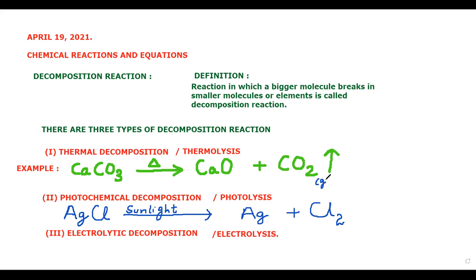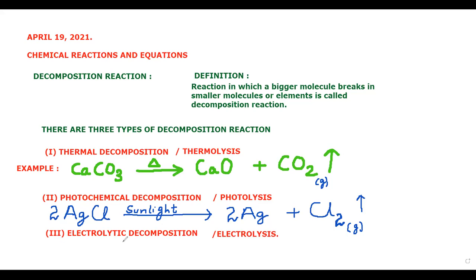This is also gas. You have to balance it. Since we are putting 2 here, we have to put 2 here. Since it is 2 Ag, we'll put 2 here.